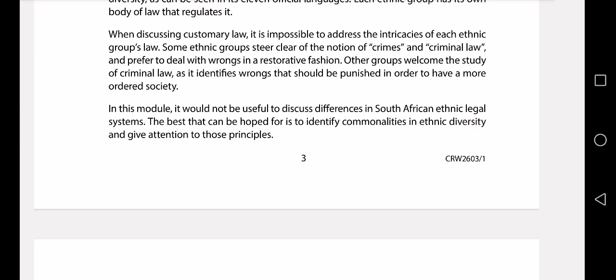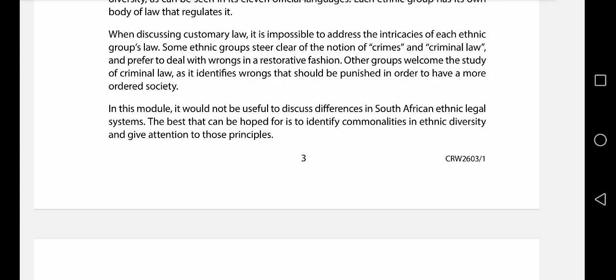When discussing customary law, it is impossible to address the intricacies of each ethnic group's law. Some ethnic groups steer clear of the notion of crimes and criminal law and prefer to deal with wrongs in a restorative fashion. Other groups welcome the study of criminal law as it identifies wrongs that should be punished in order to have a more ordered society.